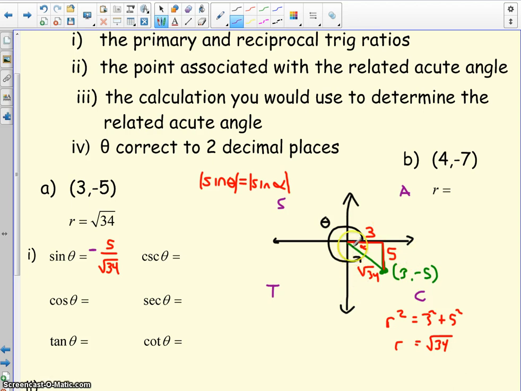Again, I got 5 over root 34 by solving the ratio inside the triangle using alpha, but since that's alpha and I actually have theta here, it's a different angle. This angle is in quadrant 4, so in quadrant 4 the sine ratio is negative. Let's try again with cosine. Cosine using this triangle is adjacent over hypotenuse, so 3 over root 34.